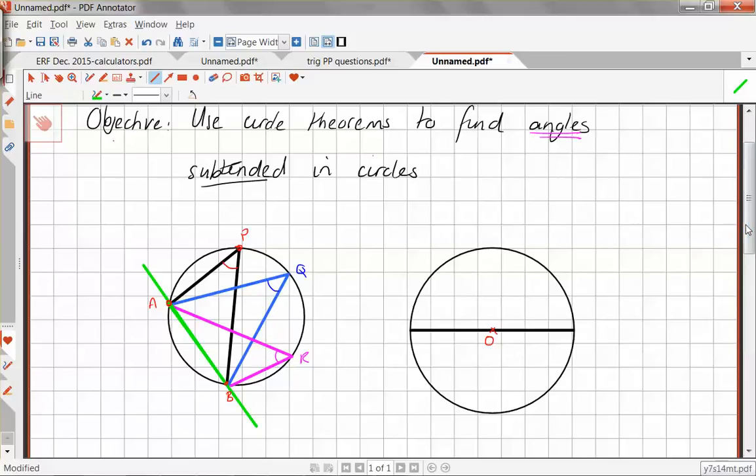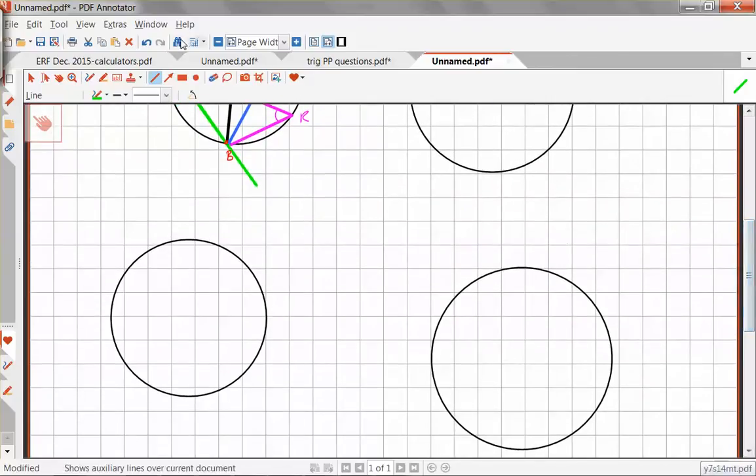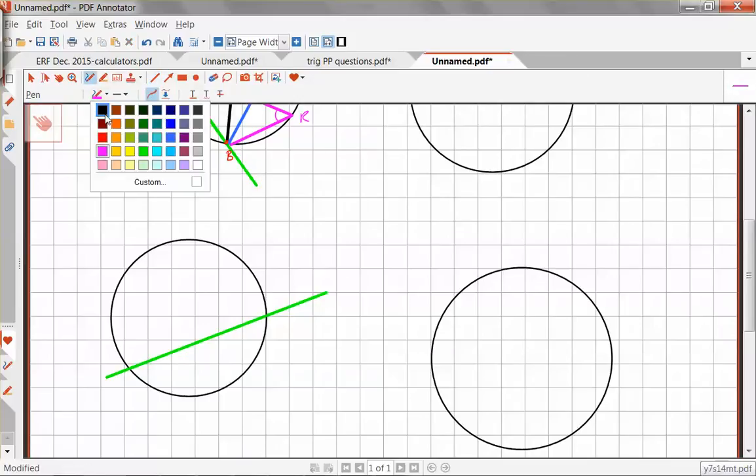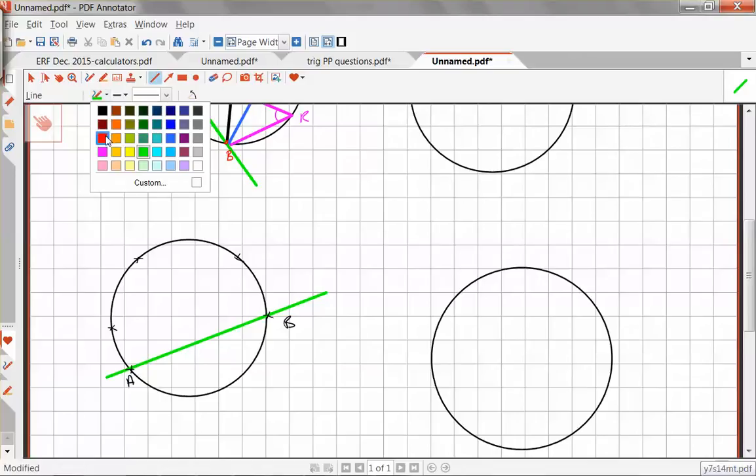Now that's the same. You don't necessarily have to draw this again, just to show you that if I cut my circle into two segments again, this would be point A, this would be point B. If I choose a point P, point Q, point R, I create angles.